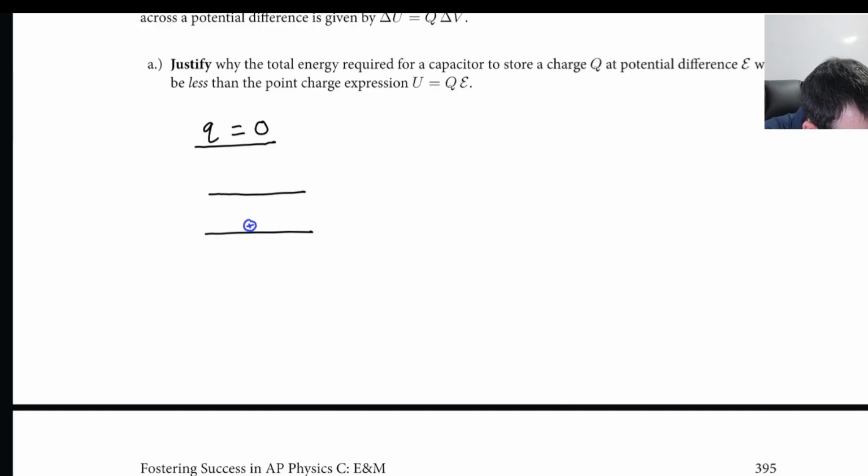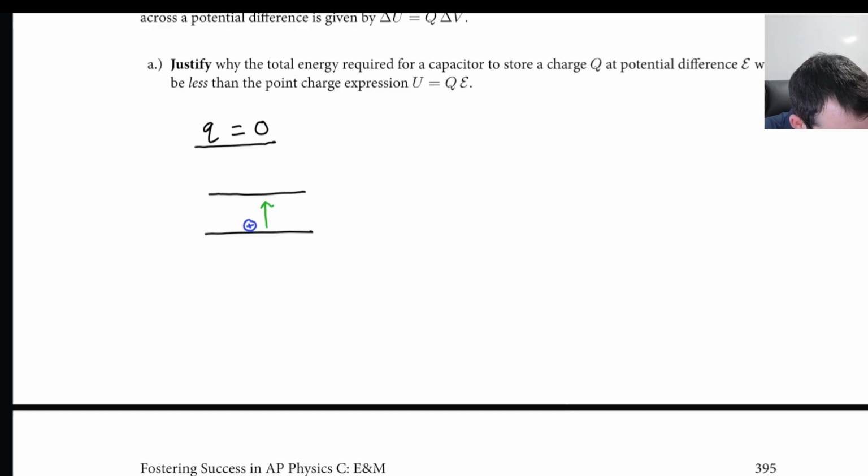we'll split this into two different cases. So first, let's look at when the capacitor is uncharged. If the capacitor is uncharged, and I have to move a charge across this gap, how much energy does it take?